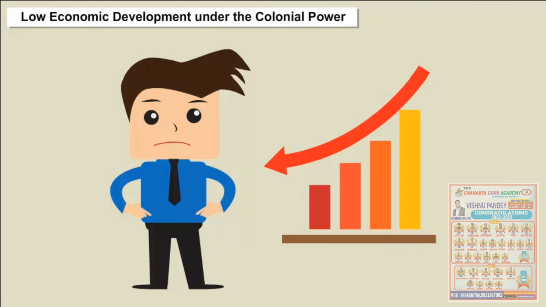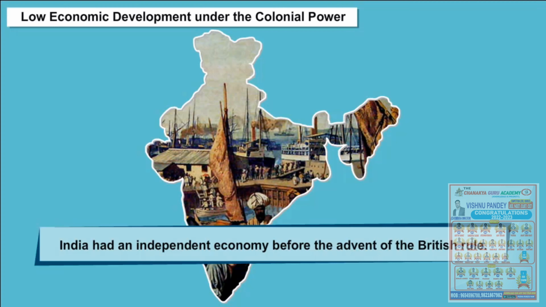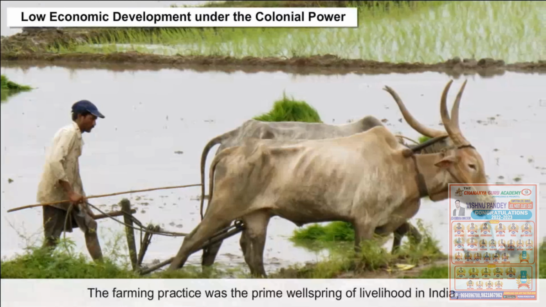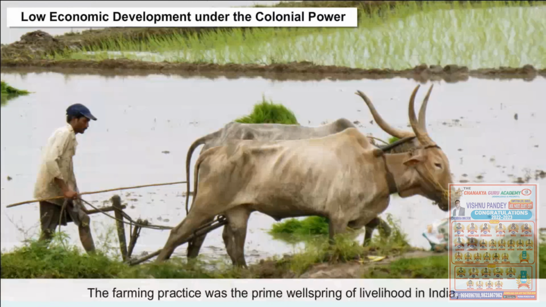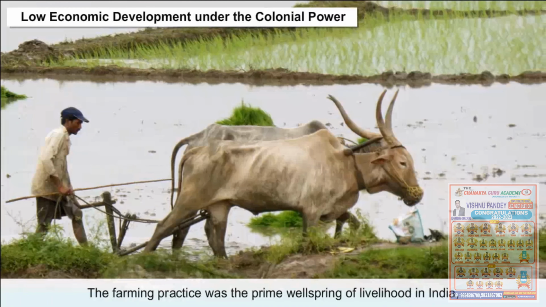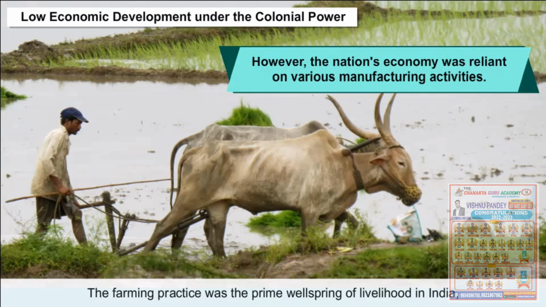Low economic development under the colonial power. India had an independent economy before the advent of the British rule. The farming practice was the prime wellspring of livelihood in India. However, the nation's economy was reliant on various manufacturing activities.